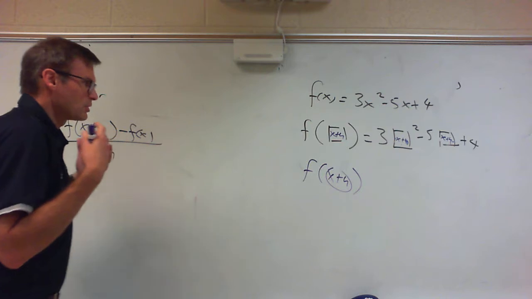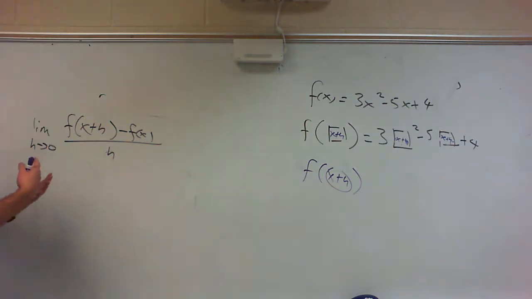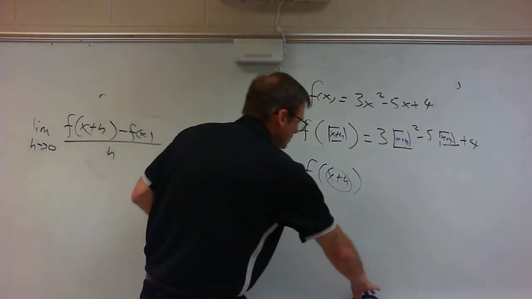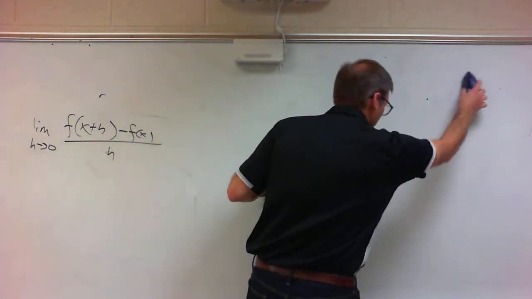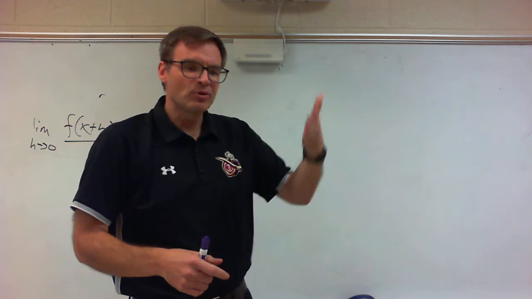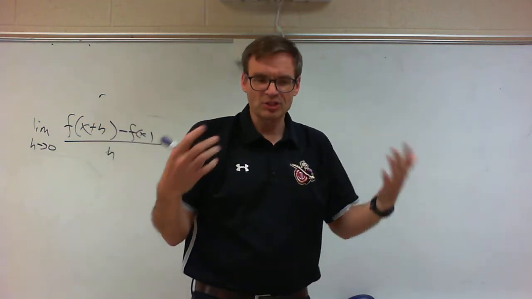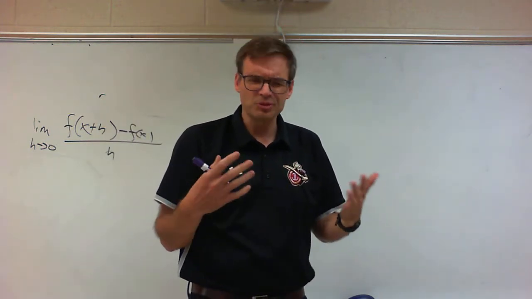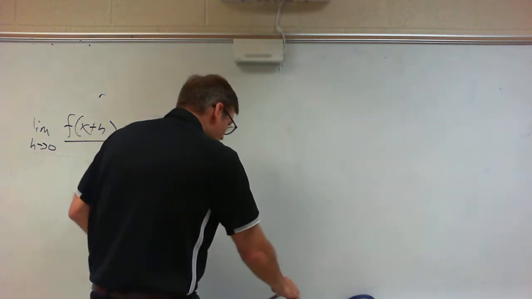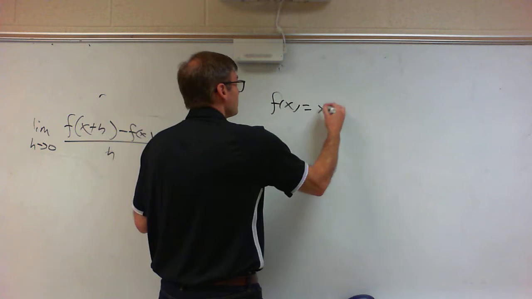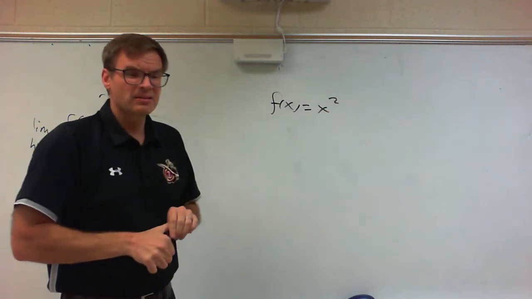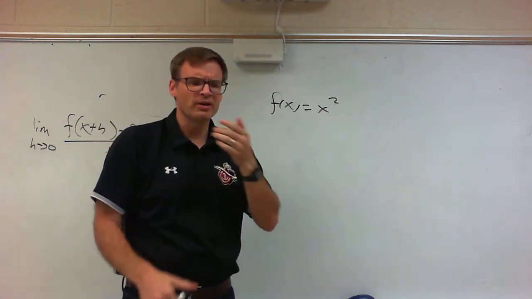All right, so let's go back to one of my first questions. I gave you a parabola, and I said, well, what's the slope of the parabola? And it was different. What if I gave you a function, and I said f of x is equal to x squared, and I asked, what's the slope of x squared?